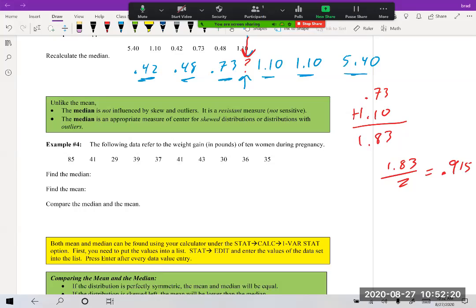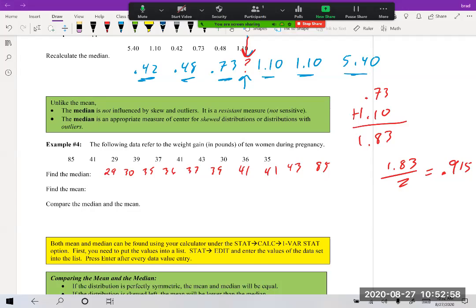So I'm going to write it as, let me see here, 29, 30, 35, 36, 37, 39, 41, 43, is there a 42 in there? 41, oh, another 41, sorry about that. 43 and 85. So 85 is definitely an outlier, so the median will be resistant to that.